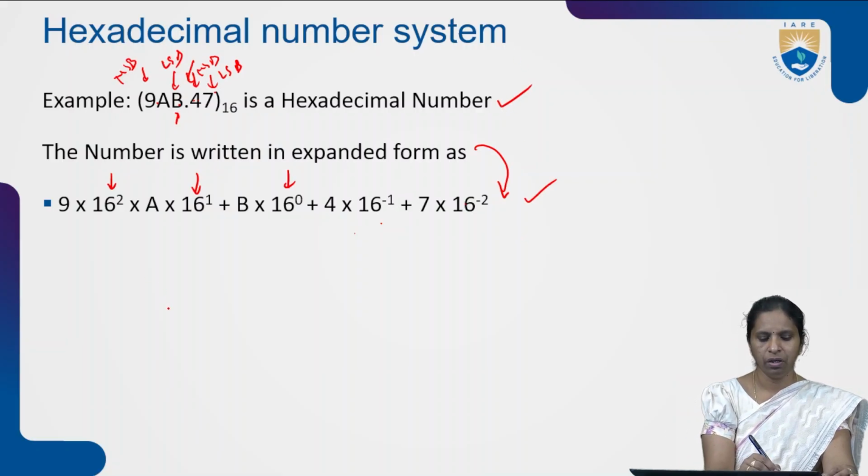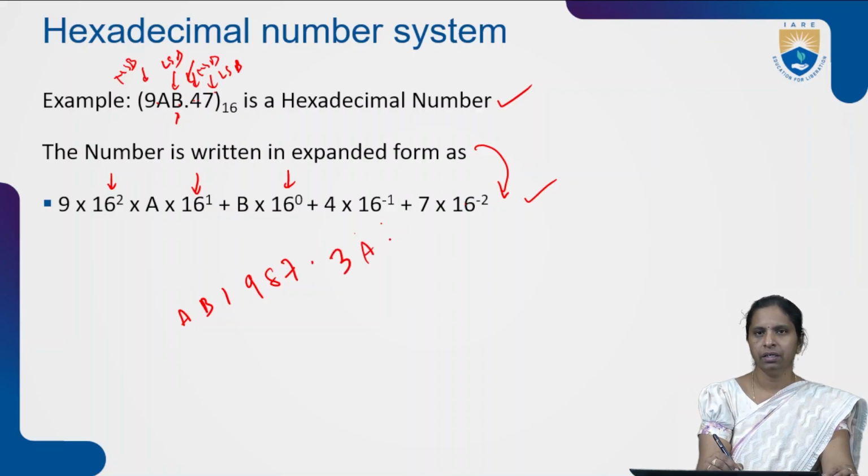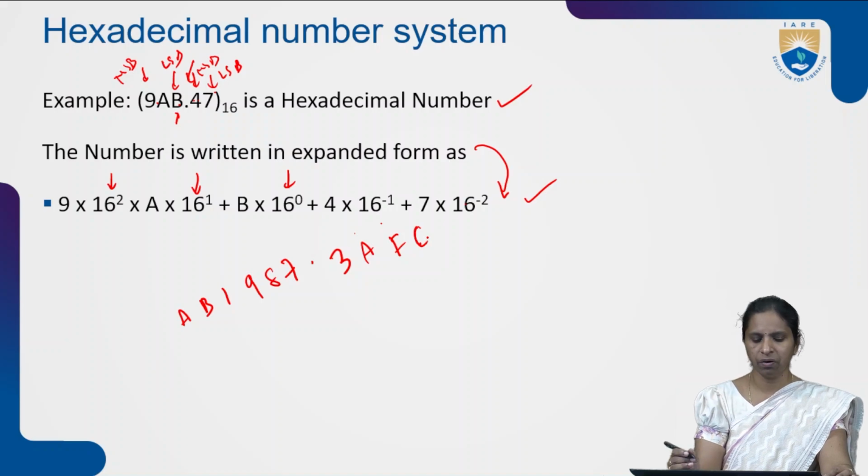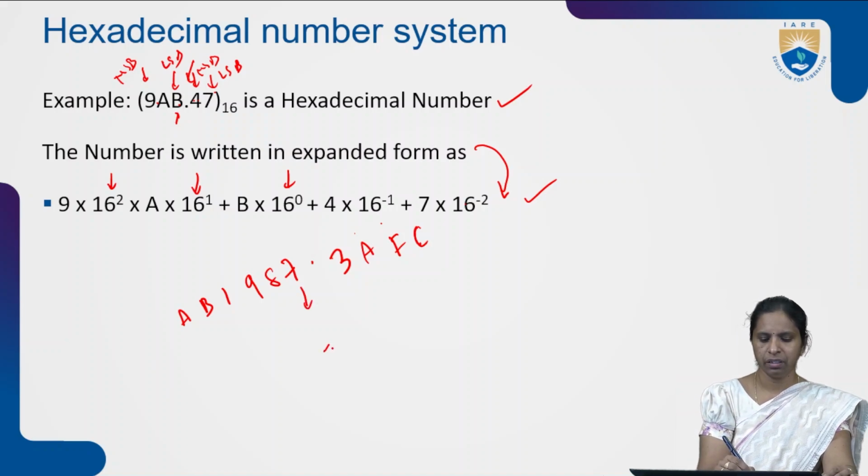For example, if you want to write the number AB1987.3AFC in expanded form, how do you present it? What is the weight of 7? Its weight is 16 power 0.